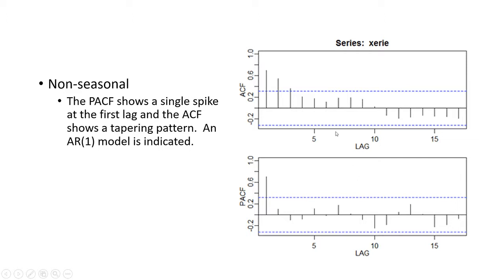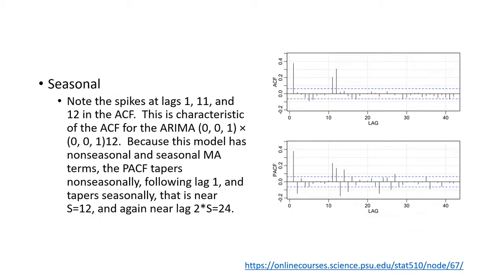And if you look at the ACF, you can see a pattern of decreasing values of ACF, right? So this suggests a non-seasonal ARIMA model, but for seasonal ARIMA, you can see spikes at lags 1, 11, 12.